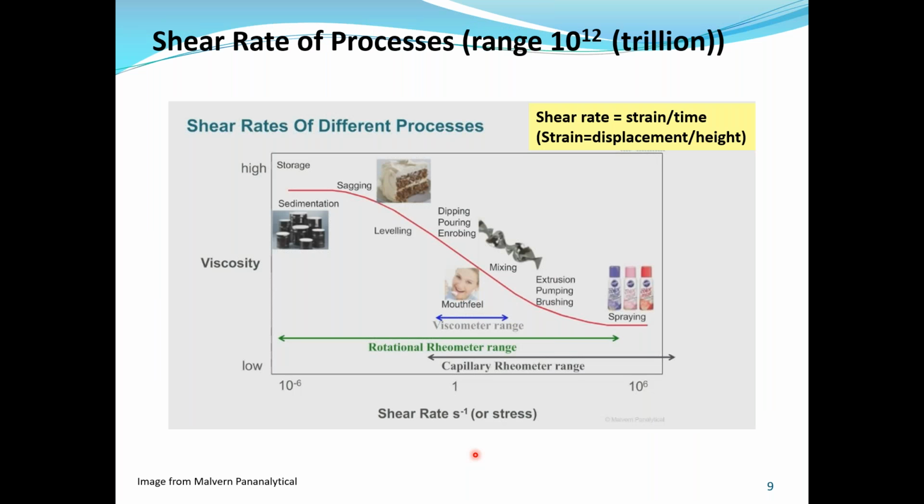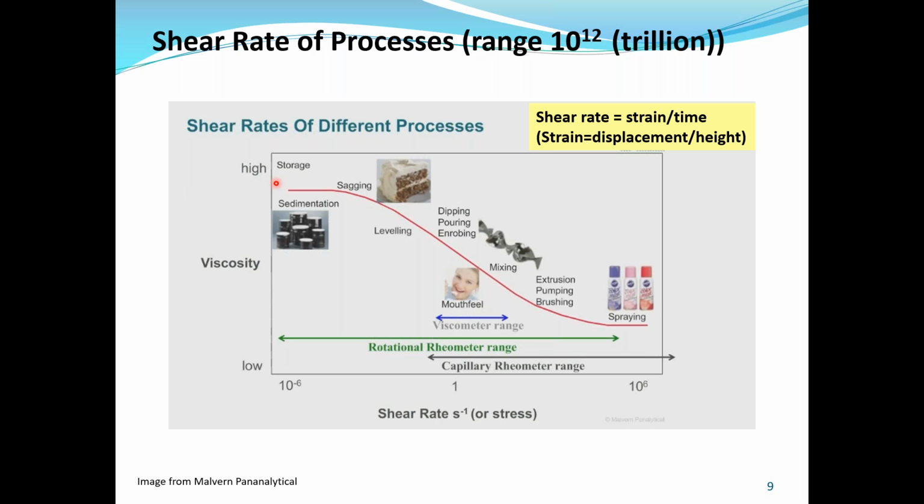So, I've been using the term shear rate. What do these numbers mean? In this particular curve, we can see that at very low shear rates, we're talking about micro to milli reciprocal seconds. That represents storage and sedimentation, or the process of, say, icing on a cake starting to sag.